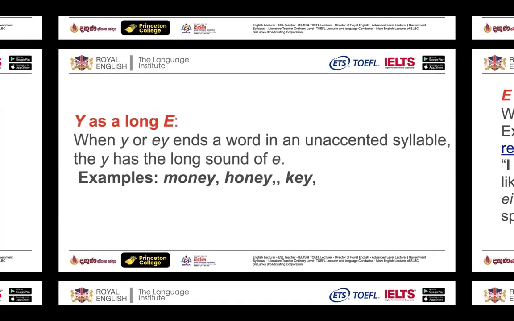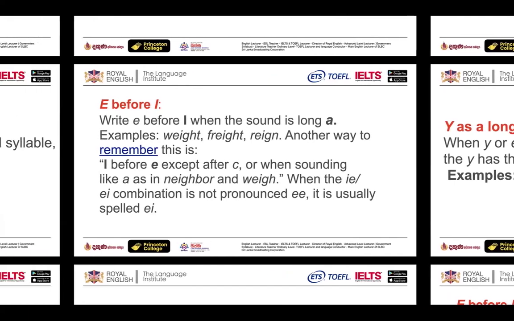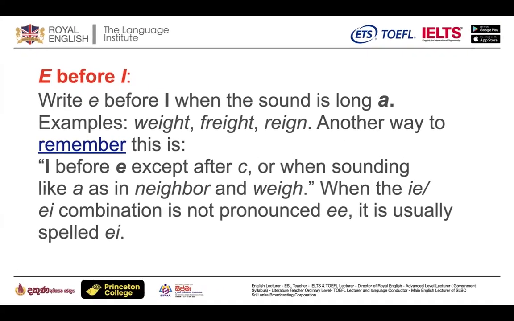So next one, E before I. Write EI when the sound is a long A. Examples: weigh, freight, rein, like neighbor. Remember this: I before E except after C, or when sounding like A as in neighbor and weigh. When the EI combination is not pronounced as E, it is usually spelled with A sound, right?